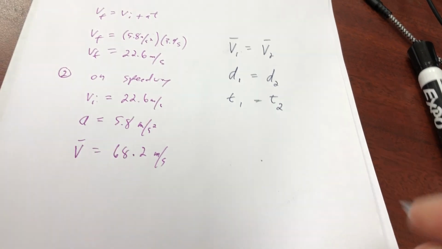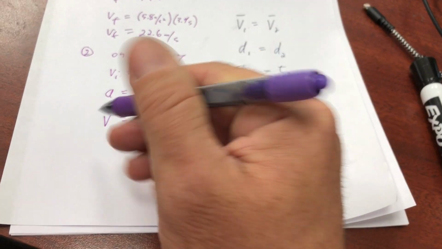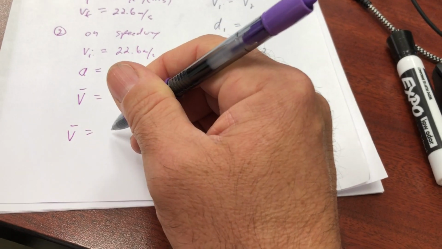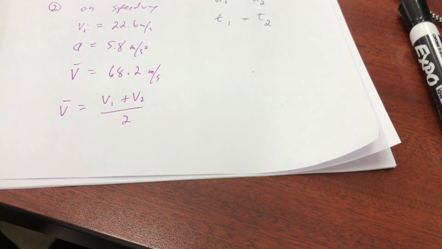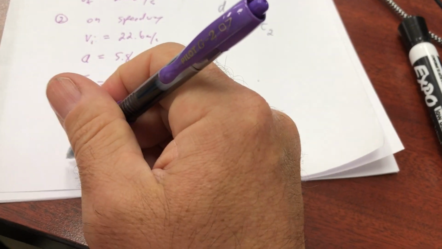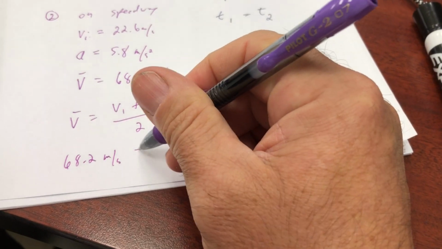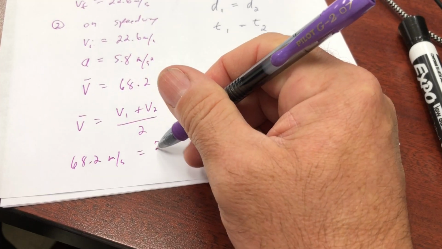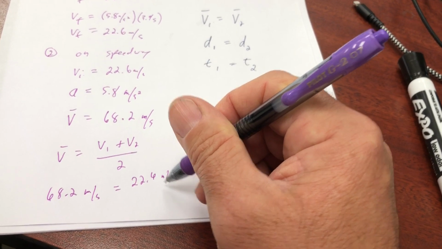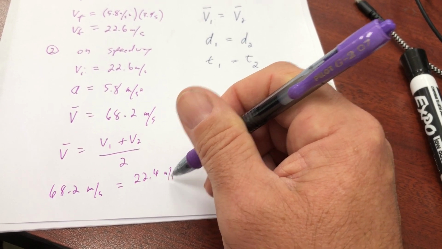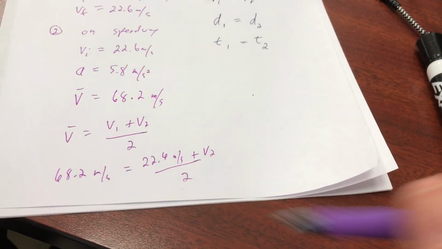So let's see, what formulas do I got here? Can I find VF? Can I say that V average is equal to V1 plus V2 over 2, right? So if I do this, what am I going to get? 68.2 meters per second is equal to V1, which is 22.6 meters per second, plus V2 over 2. So I take the 2 to the other side.